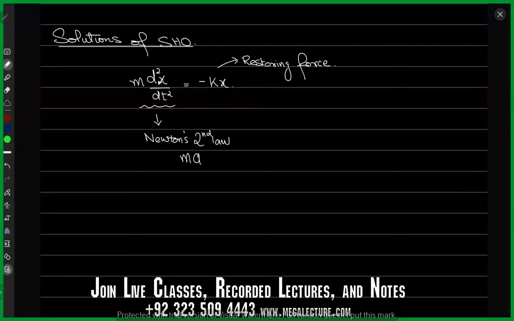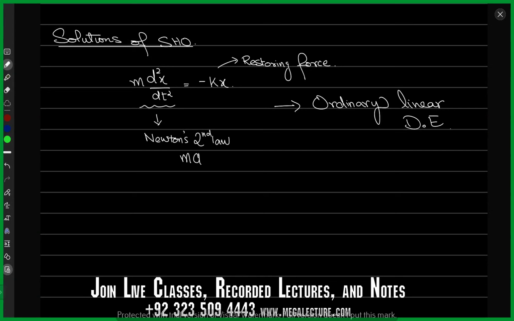So this thing, the second derivative of x with respect to time, is the acceleration, right? This type of equation is called an ordinary linear differential equation, and you can work out the solutions to these types of equations.